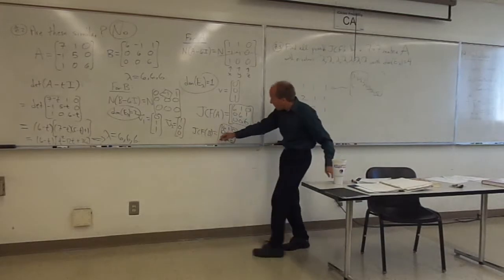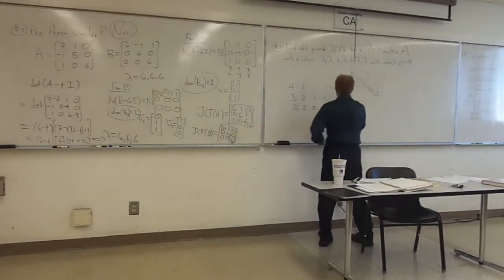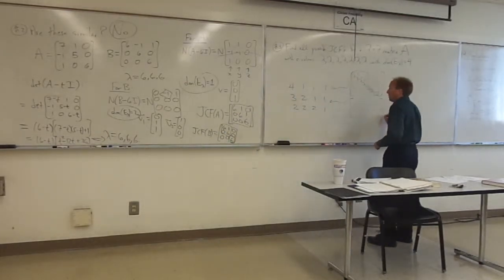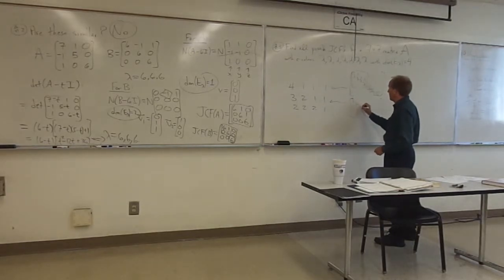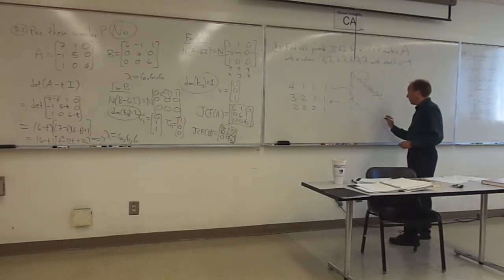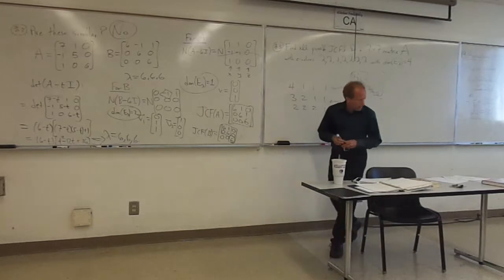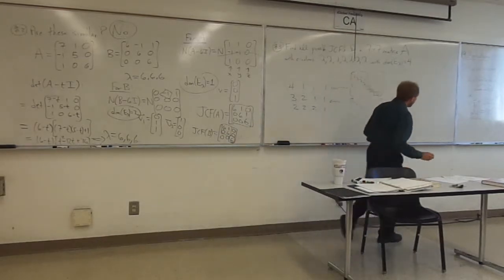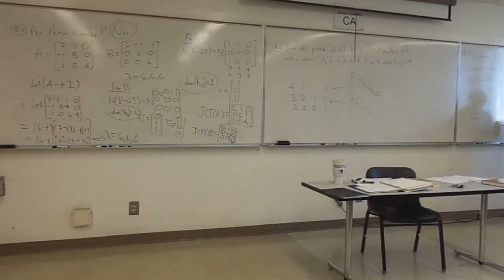On the other hand, for this one, you'd have a 3 by 3 block, and then a 2 by 2 block, and then a 1 by 1 and another 1 by 1. My markers are not doing too good here. Let's see. This is better.